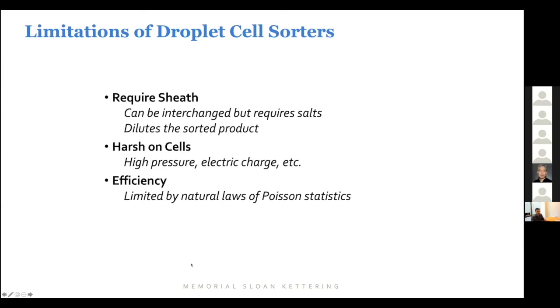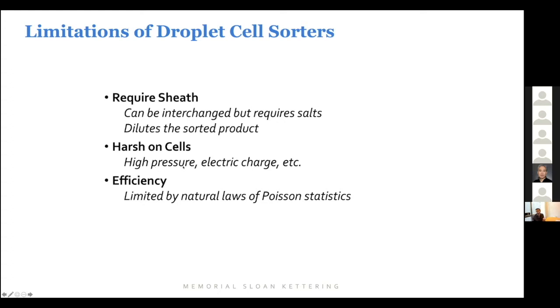Although this technology has been impressive, there are some limitations of droplet cell sorting. One of them is that, yes, they do require a sheath. So you have to always dilute the cells with some sheath buffer, which can dilute the sorted product and can interfere. And actually, I'll show some data from Camilla's paper on the impact of cell sorting on cells.